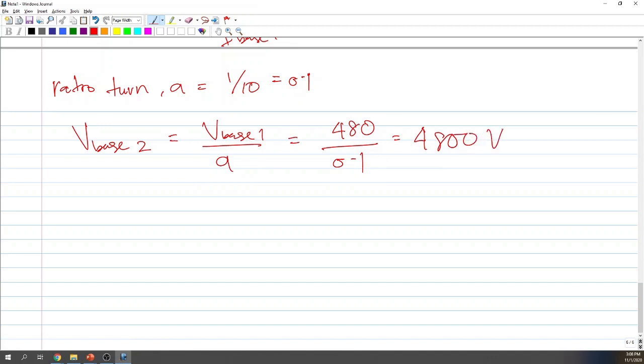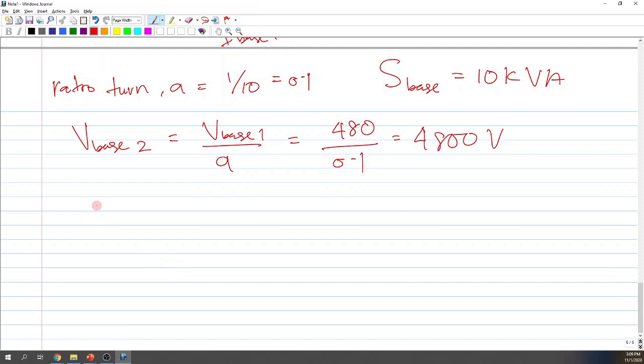This is V base 2. Once we get the V base, we can find the I base. So the S base 2, the apparent power base, is still the same, 10 kVA. It does not change.